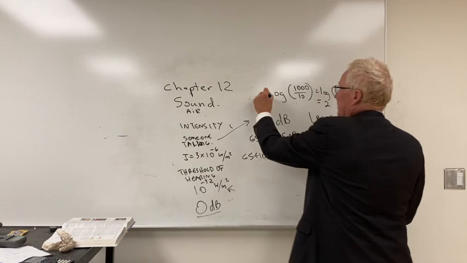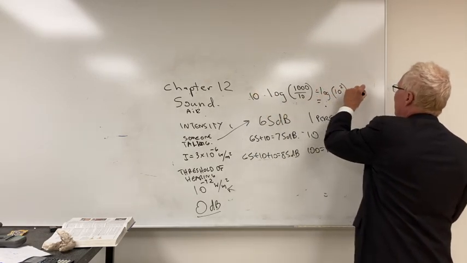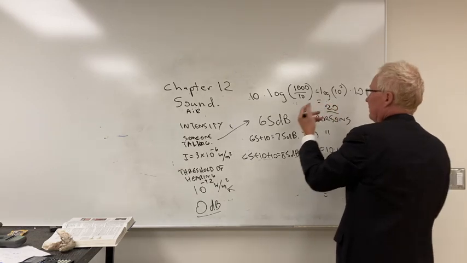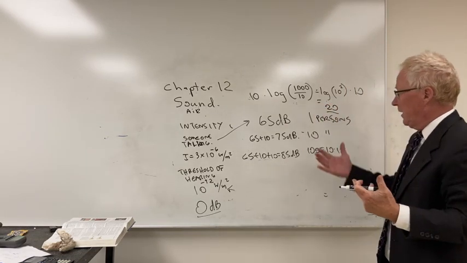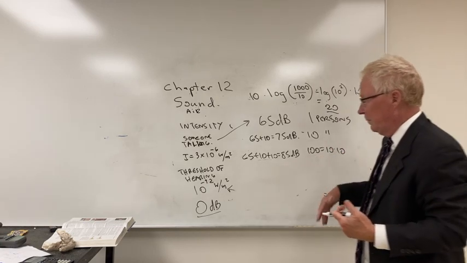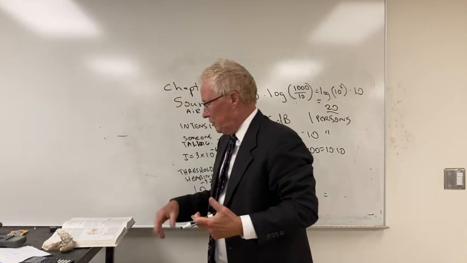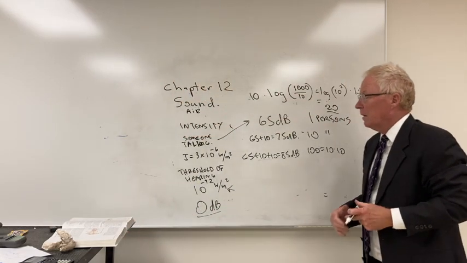So 10 times that would be 20. So every factor of 10 increases by 10 dB. That's the decibel scale, and that's section 12.2.